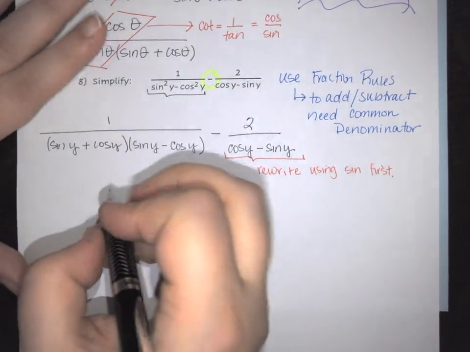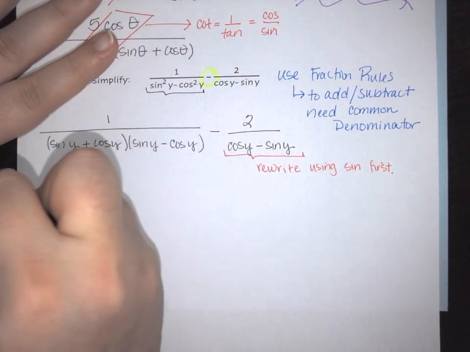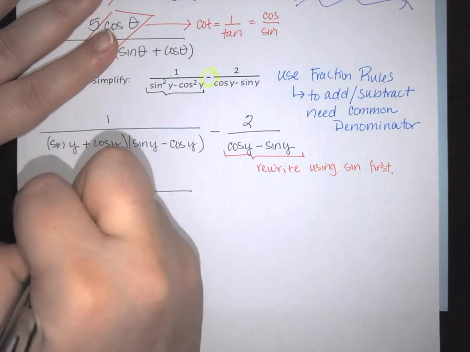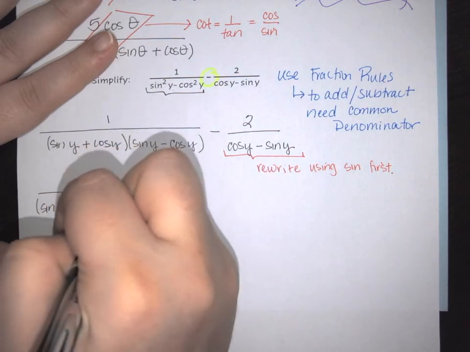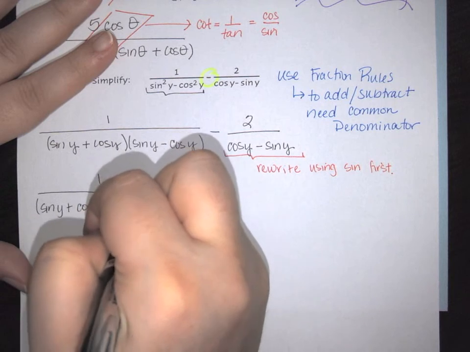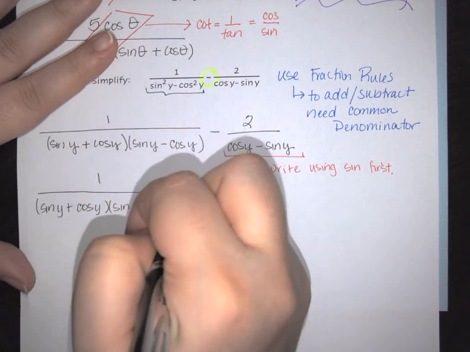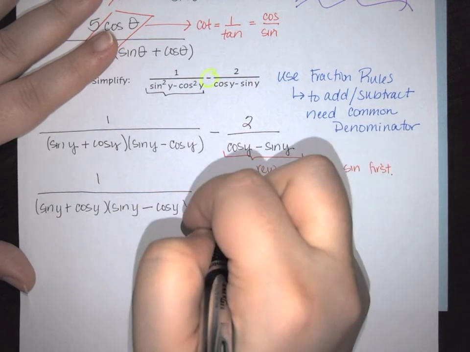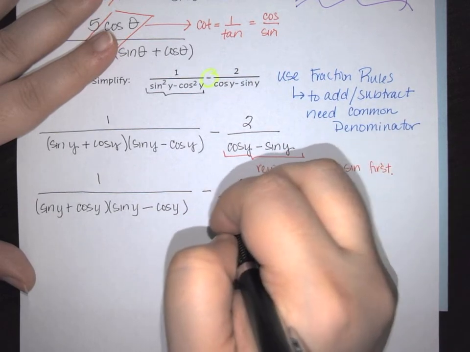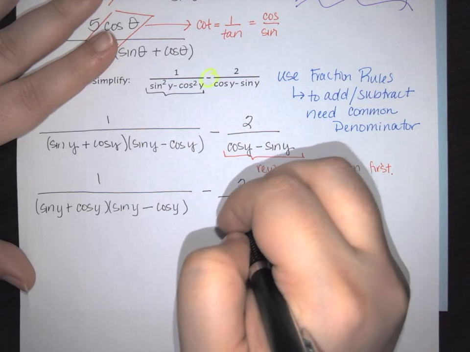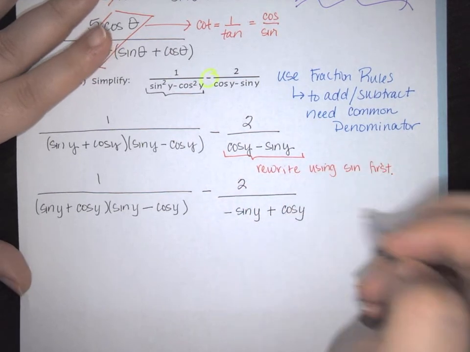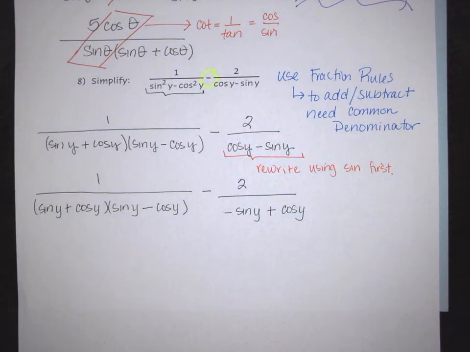So here this is going to be 1 over my sine of y plus cosine of y times my sine of y minus the cosine of y. I still have a negative, and it's going to be 2 over, but in this case I'm going to have negative sine of y plus the cosine of y. So all I simply did was just rearrange my equations to write sine first.